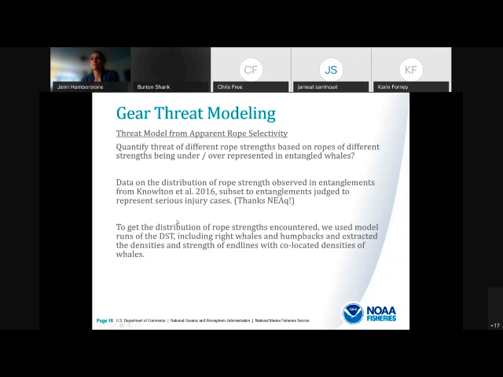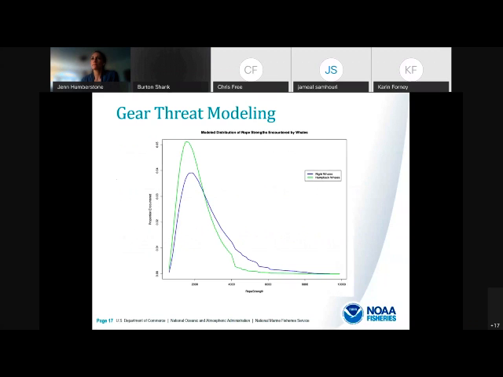And then we basically did a co-occurrence model to understand what weights of ropes whales were encountering. And what we get back is distributions of rope strengths for right whales and humpbacks in this domain. And we think the right whales are encountering some marginally stronger rope than humpbacks are, because they perhaps tend to be a little further offshore.